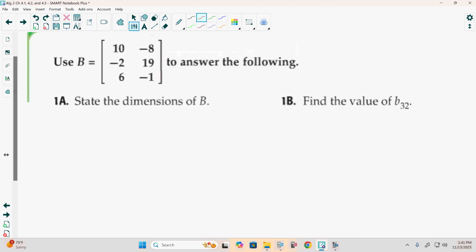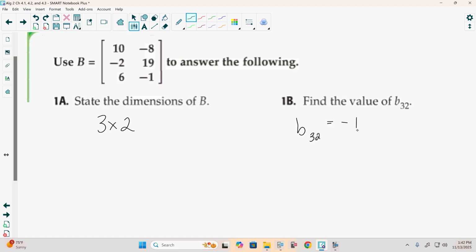So we're going to use this matrix to, first, state the dimensions. So what would the dimensions of this matrix be? 3 by 2. 3 rows, 2 columns, so 3 by 2. Now it also wants us to find the value of B3,2. So we're going third row, second column, which would be -1.